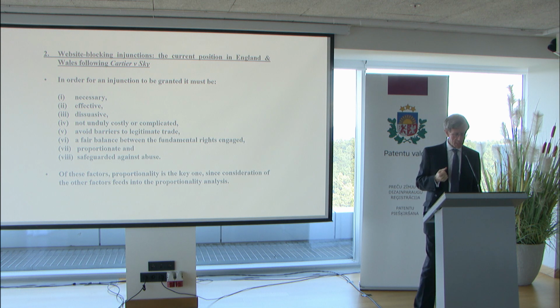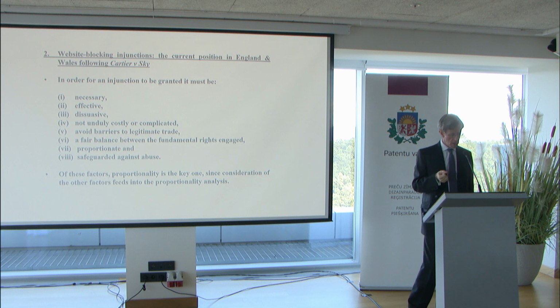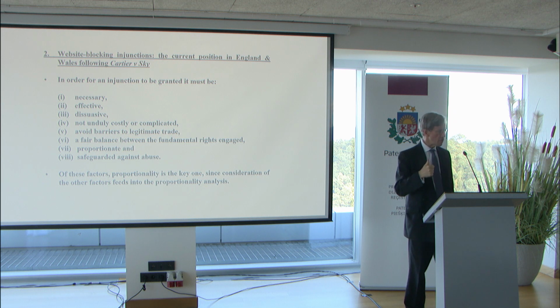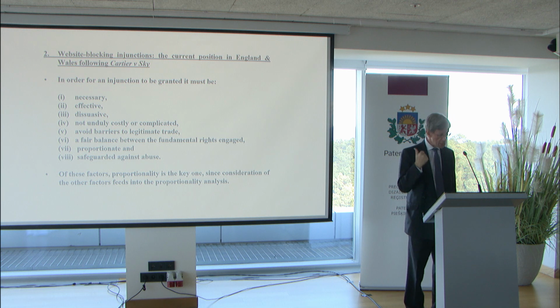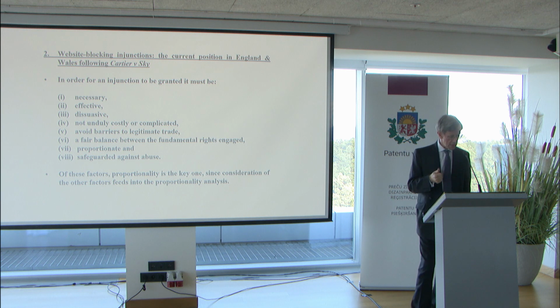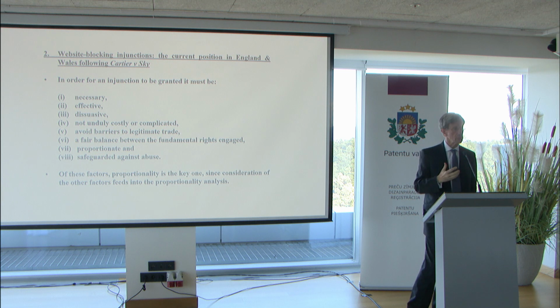And in order to decide whether an injunction should be granted, there are a series of 8 criteria that the court needs to consider. The injunction must be necessary, effective, dissuasive, not unduly costly or complicated, avoid barriers to legitimate trade, be a fair balance between the fundamental rights engaged, proportionate and safeguarded against abuse.